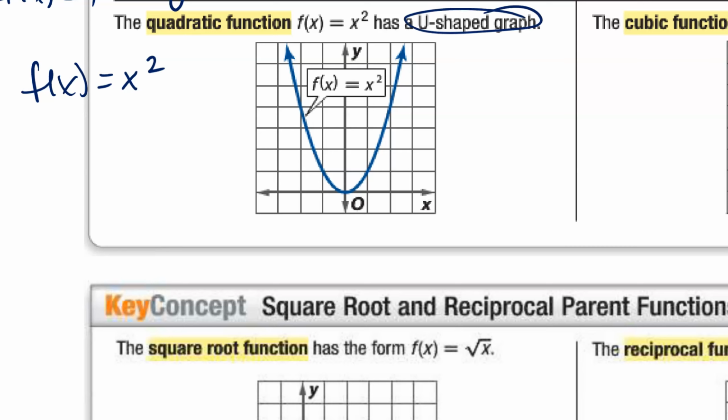It's a U-shaped graph, whether that U is facing up or facing down. It is going to be symmetric. Do you remember finding the axis of symmetry? Negative b over 2a. Symmetric, and both ends are always in the same direction. Not necessarily up, because if you have negative x squared, they both face down. So both ends, same direction.